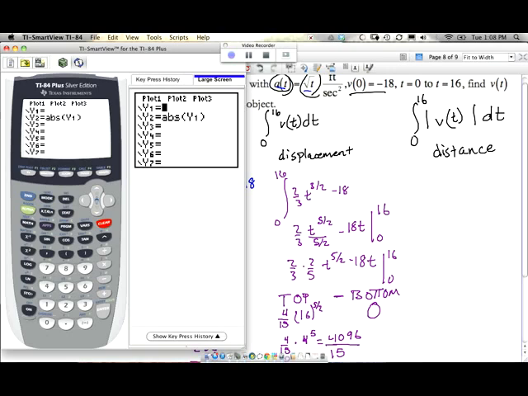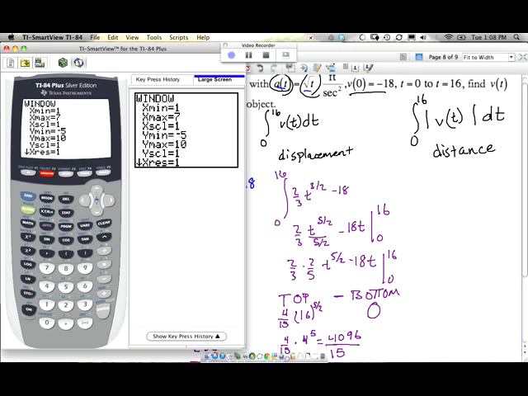What was v of t? 2/3. So 2 divided by 3. Not 2 times, 2 divided by 3, times our variable to the 3/2 power. So that's going to be to the, and I've got this in parentheses, 3/2. And minus 18.